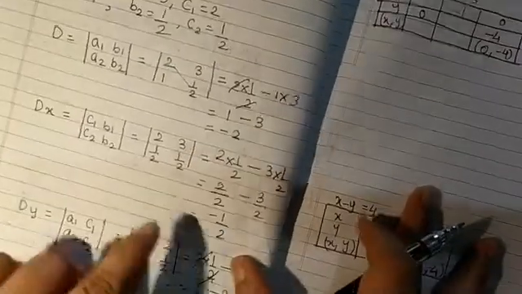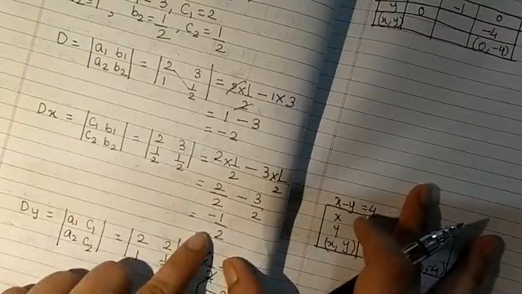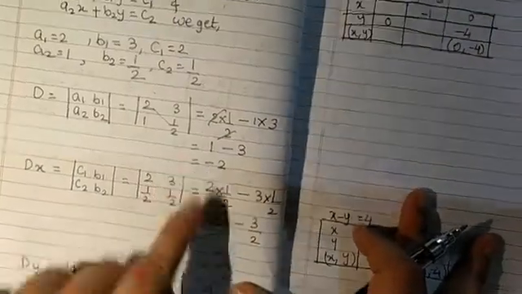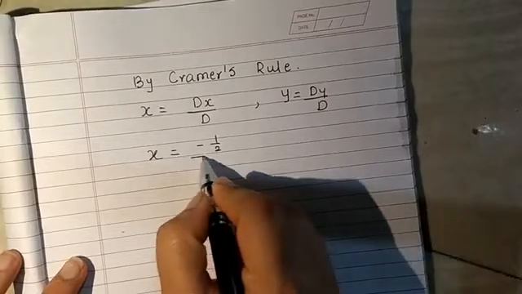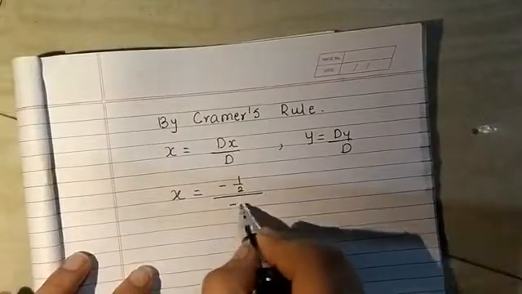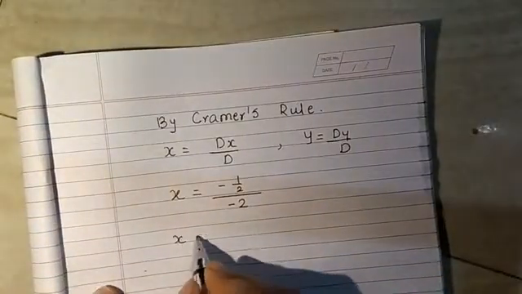What did we get? Dx is minus 1 upon 2. Okay, this is minus 2, this is minus 1. So minus 1 upon 2. Then the value of D I got is equal to minus 2. So let's solve it. It is quite easy.